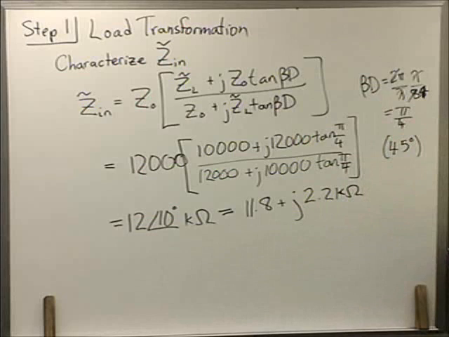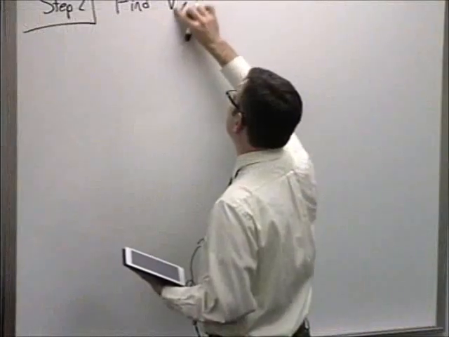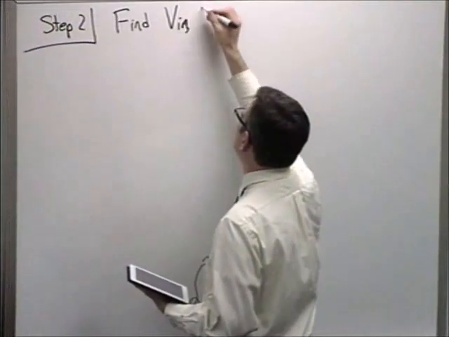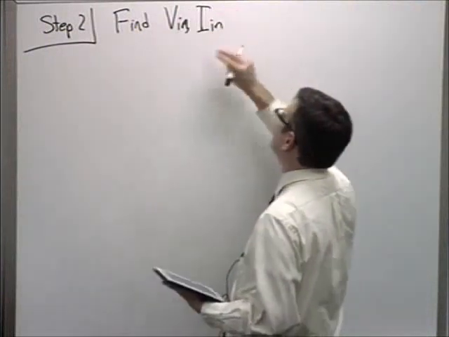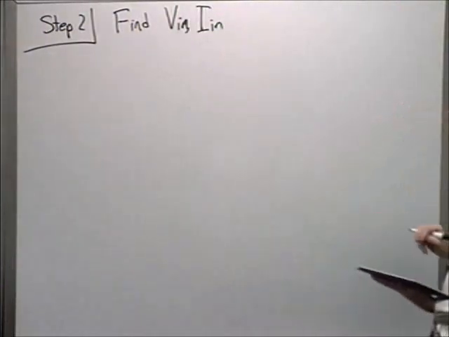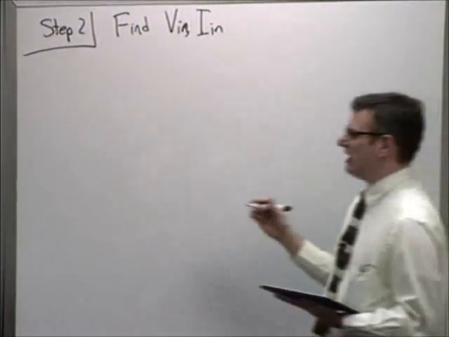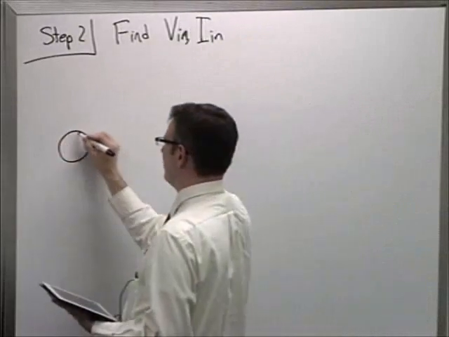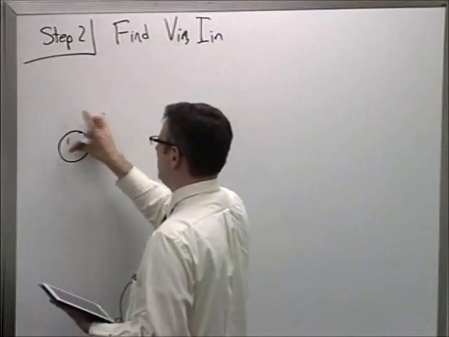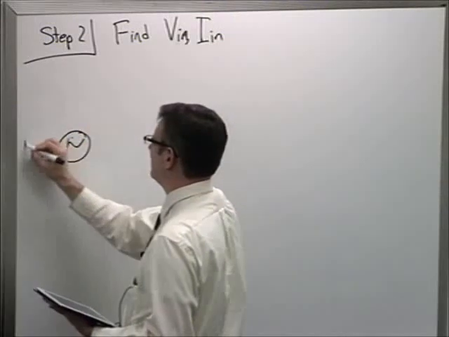Now let's do step 2. Step 2 is solve for your source side input voltage and current. We now have enough to do that because what we've said is we've got this 120 kilovolt source.